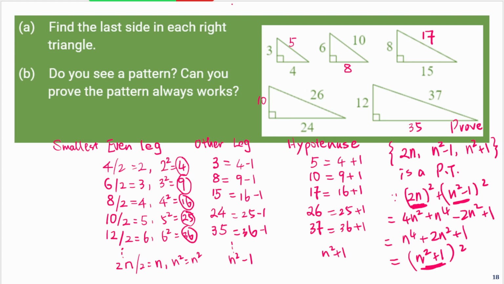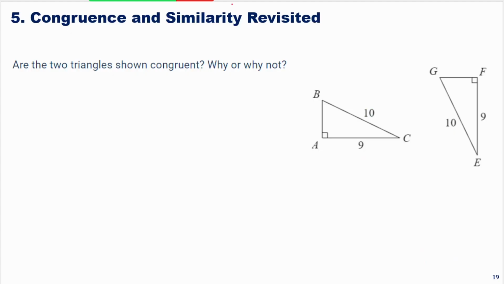Okay. The next concept is congruence and similarity in the right triangle. First of all, let's revisit congruence and similarity and apply this specifically to right triangles. For example, if you consider these two diagrams here, are the two triangles shown congruent?